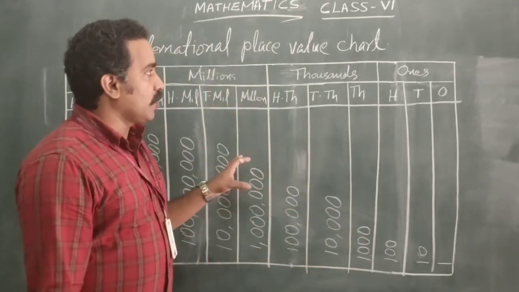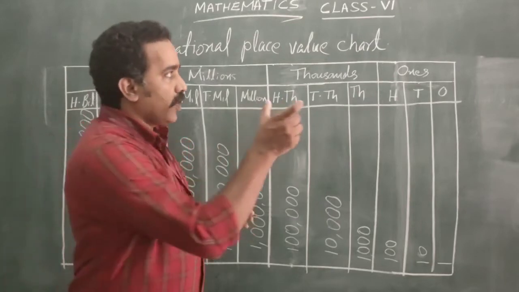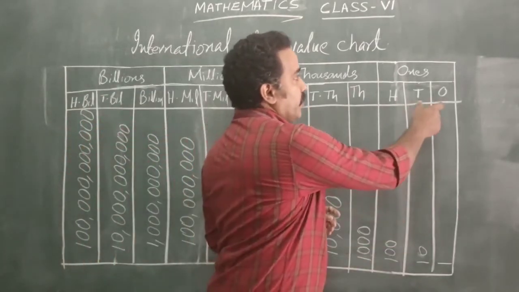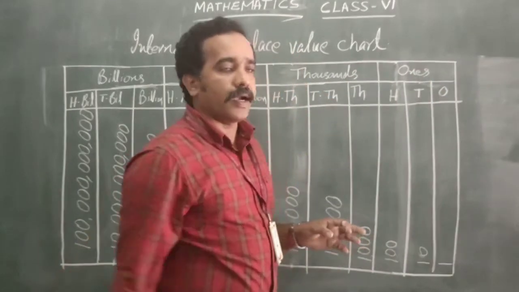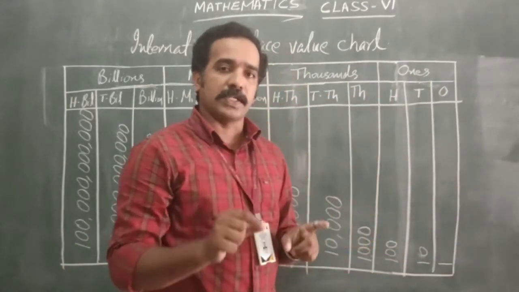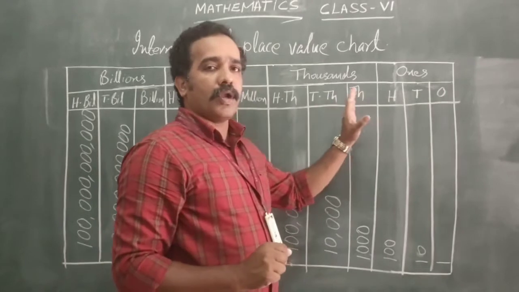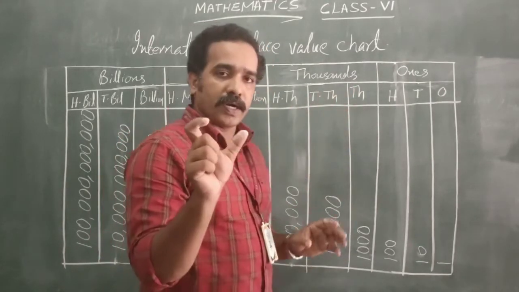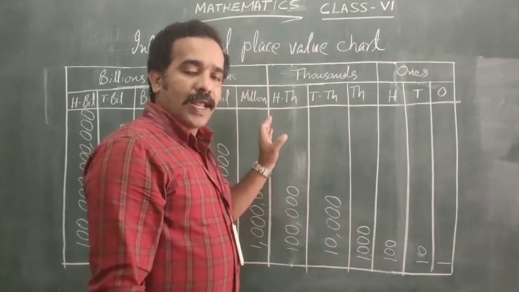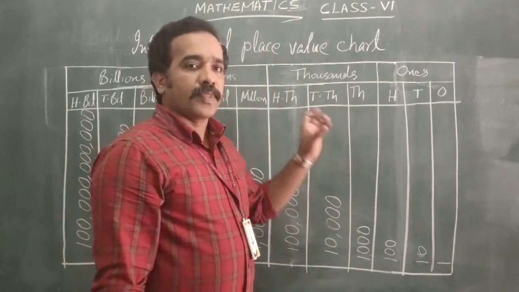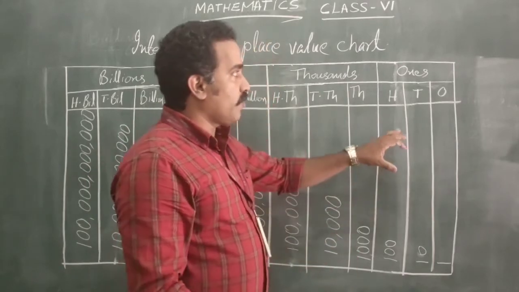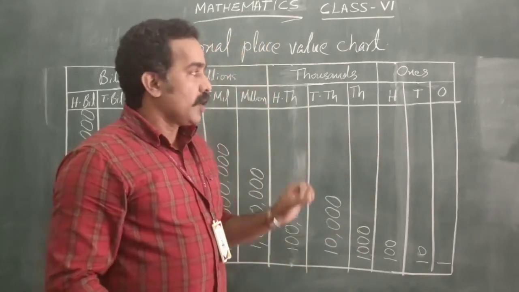In the Indian place value system, whenever we are categorizing the digits, the first group, that is ones group, contains 3 digits, and all other groups contain 2 digits each. Thousands group contains 2 digits, lakhs group contains 2 digits, and crores group contains 2 digits. In that way, the Indian place value system is going on.